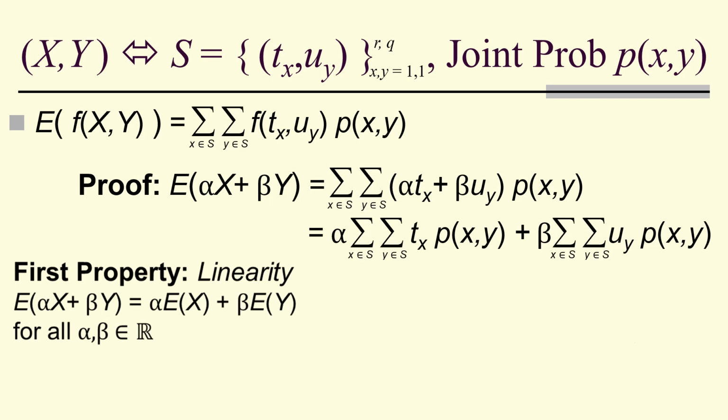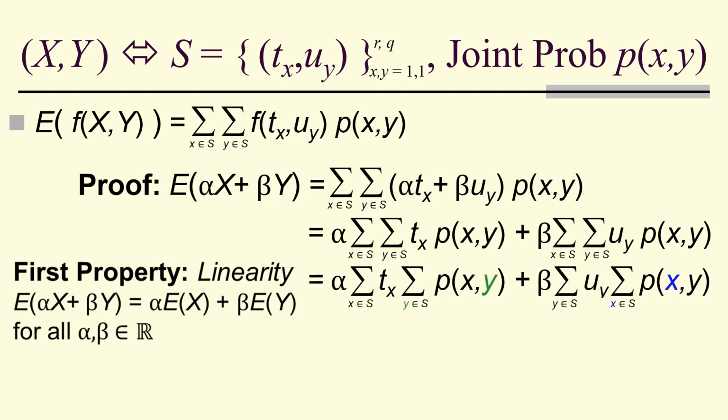We split it up at the sum and factor out the alpha and the beta. And notice now we are summing over the y in the first sum. That's going to give us a marginal p of x. And we're summing over x in the second sum, which is going to give us a marginal p of y.